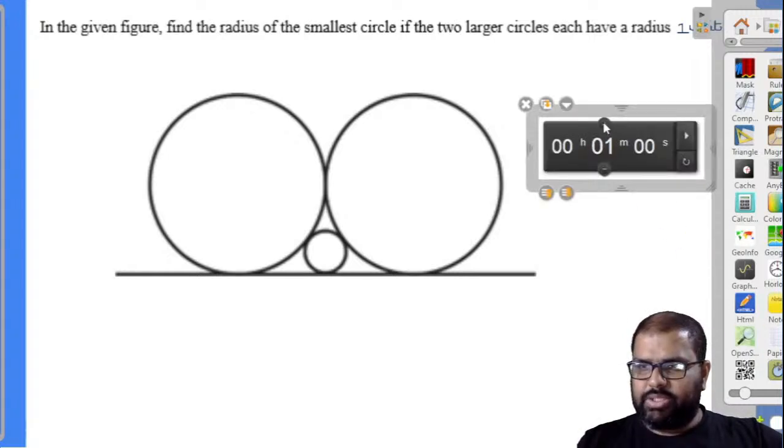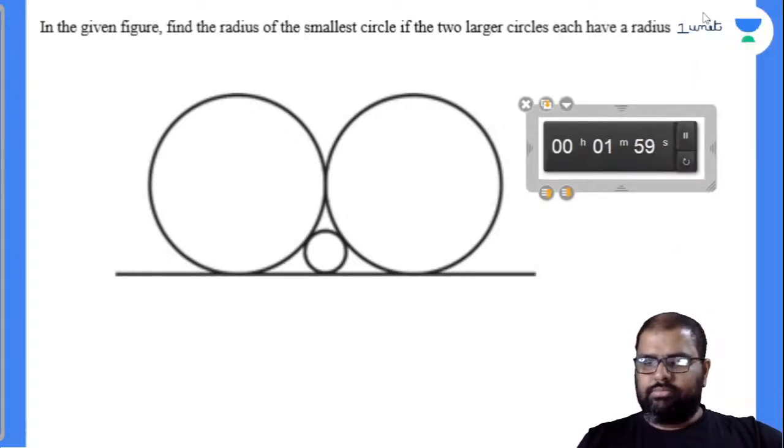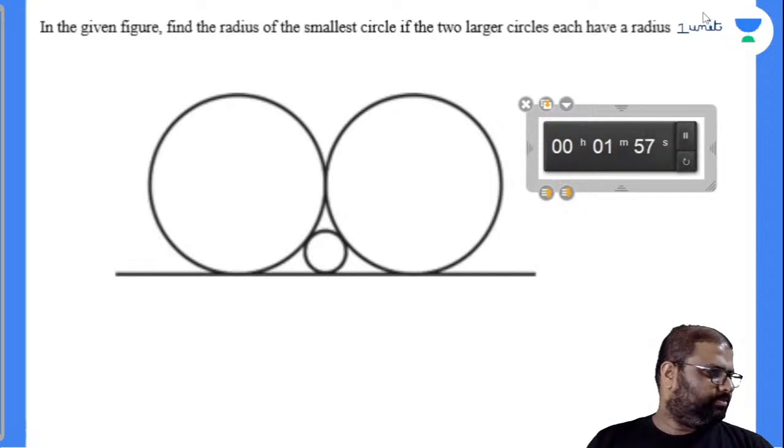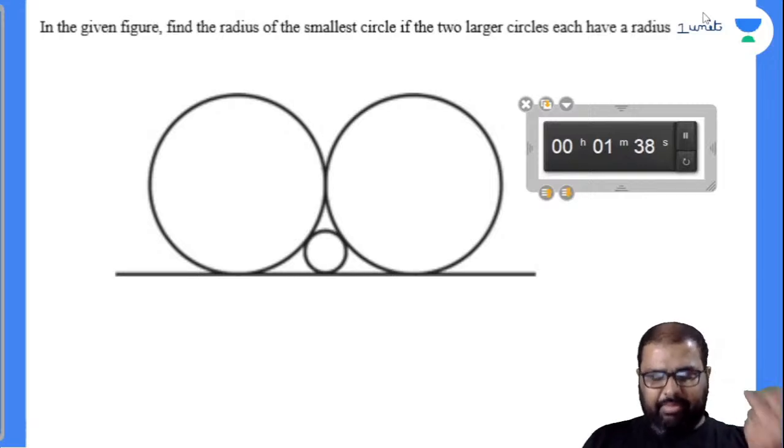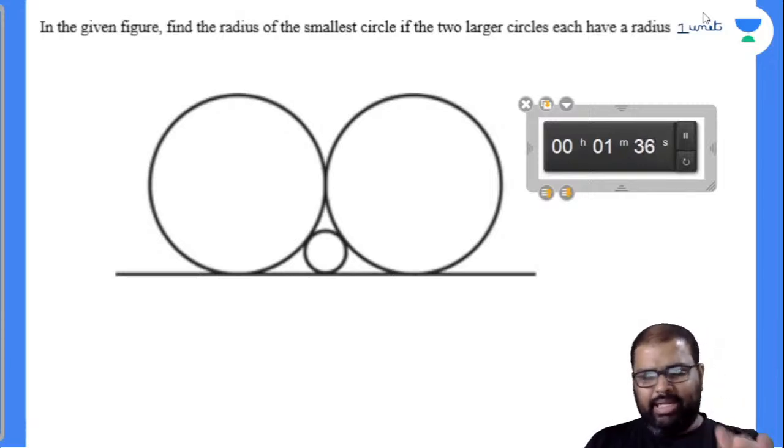Let's see how many can solve this. This was asked in 2020 CAT, a similar type of question. In that they gave it in verbal format and you had to draw the diagram, but here I have drawn the diagram.